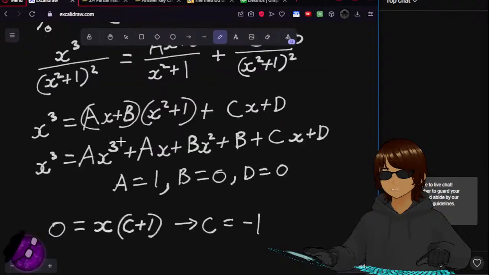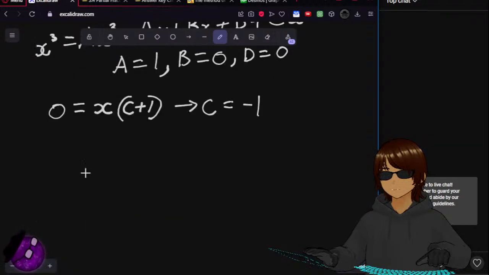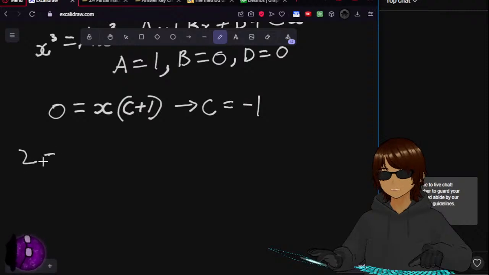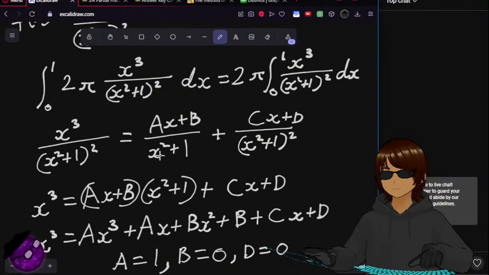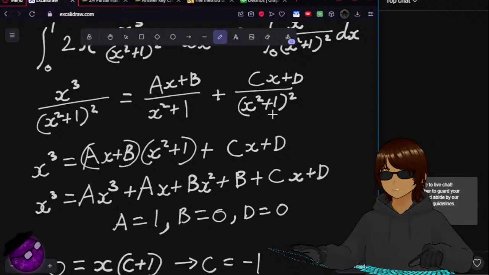And then we are left with 2 pi times the integral from 0 to 1. A is 1, b is 0. So this is x and this is minus x, right?